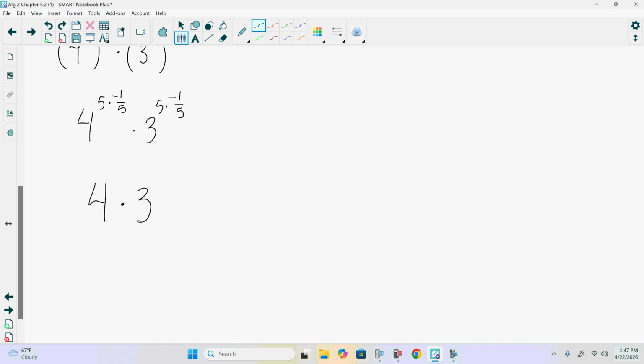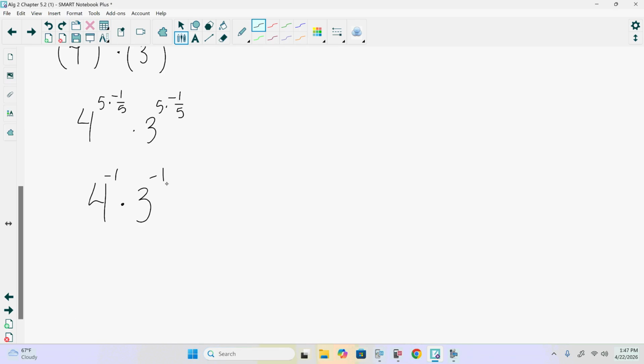Five times negative 1/5. We know it'll be negative, yes? Because it'd be 5 over 5, which is 1. So they actually work out to both be negative 1.